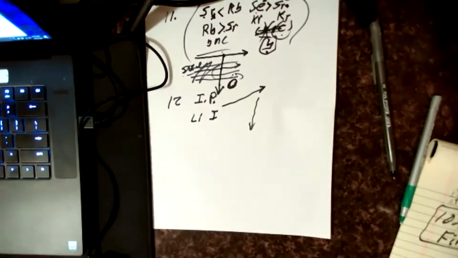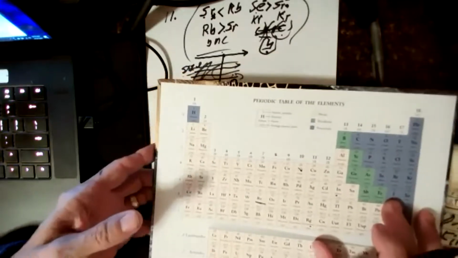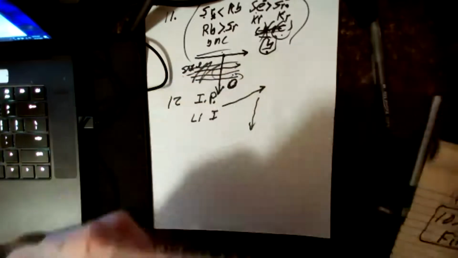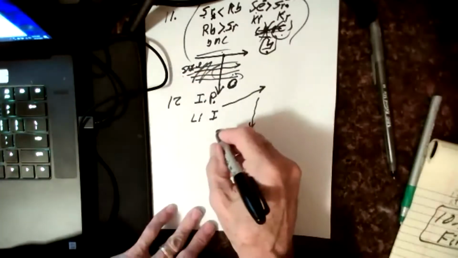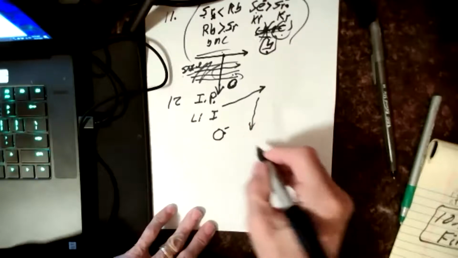If I'm looking at lithium, it's way up here at the top, and iodine is way down here at the bottom. I want to compare which of those would be easier to remove an electron from. Lithium is that size, and it's got an electron there.